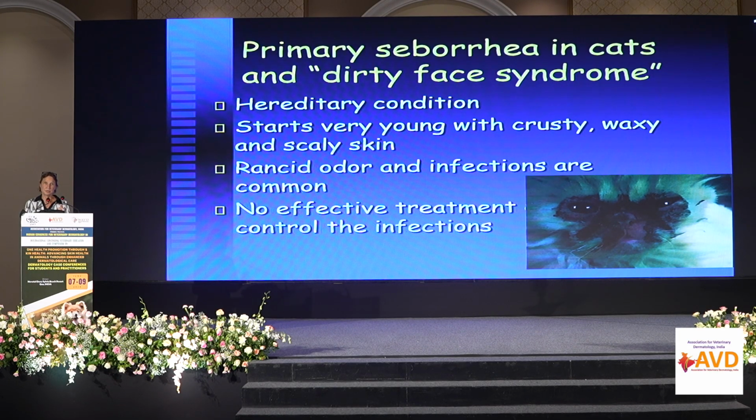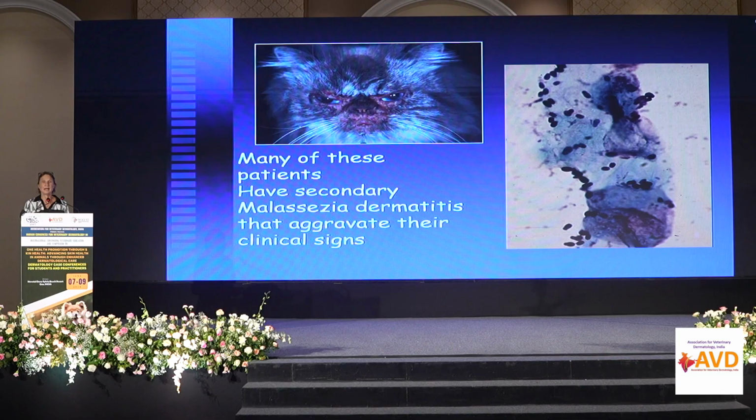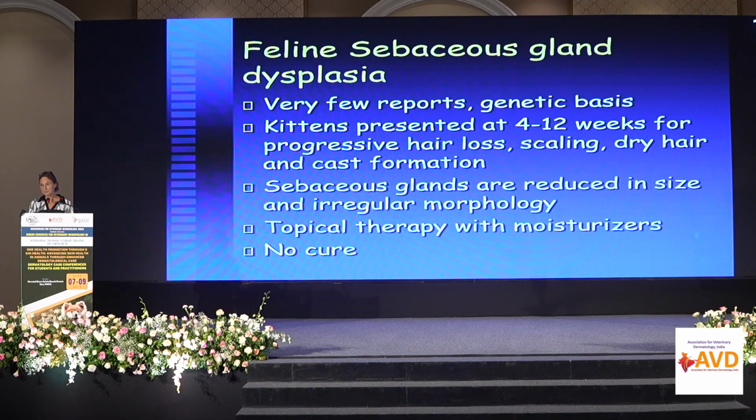The fact that they start very young, the breed, the appearance, the distribution, makes you think of a primary disease of keratinization. And again, we end up controlling the yeast infections of these patients, at least to make them more comfortable and less pruritic.